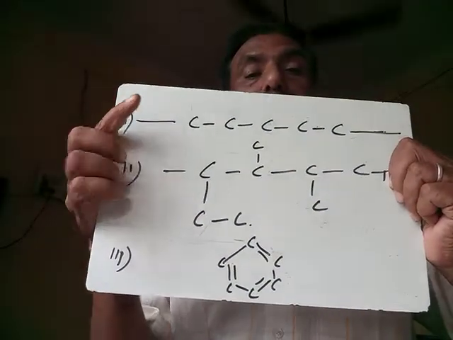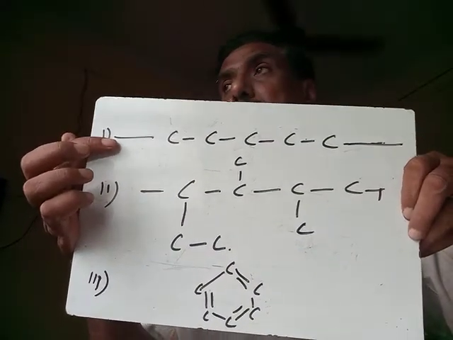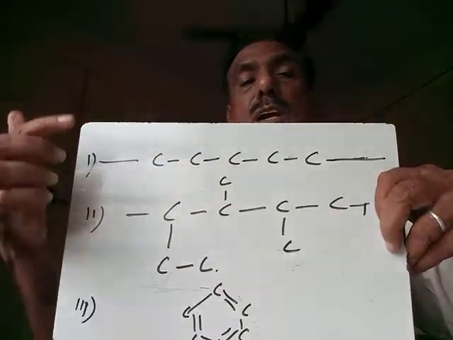So number one is the straight chain, and number two is the branched chain.